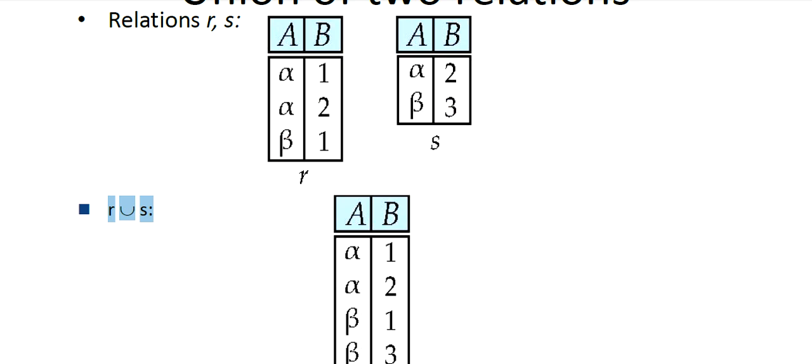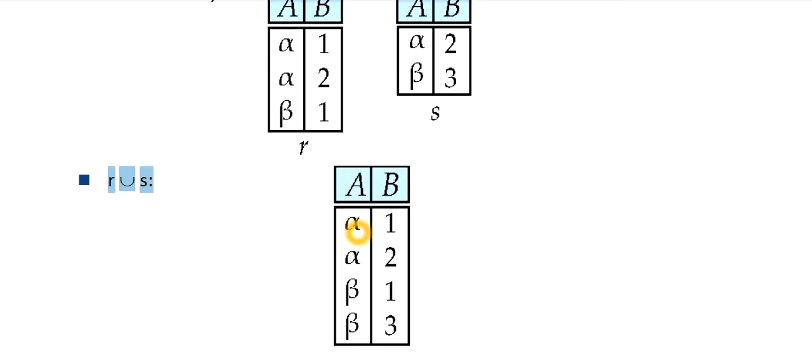All the tuples of relation R and all the tuples of relation S will be covered under R union S. The repetition is not done, meaning duplicates are removed, because alpha 2 belongs to R and also to S. So we keep only one alpha 2 in case of R union S.